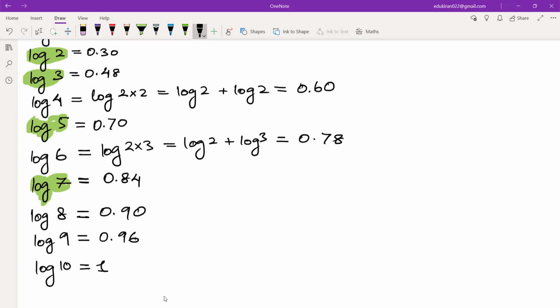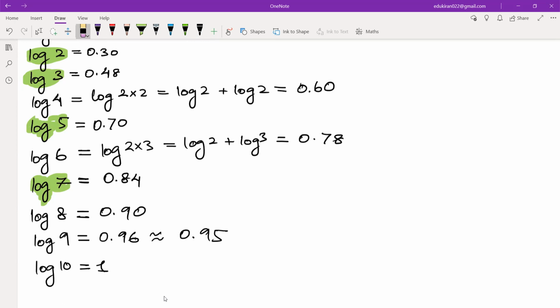Only in log 9 the actual value is around 0.954, something like 0.95424. So it is quite near to 0.96 and you can work with that, but the closer value is 0.95.